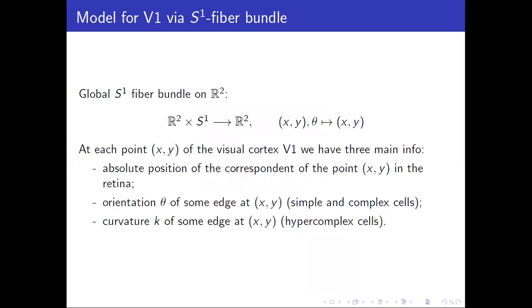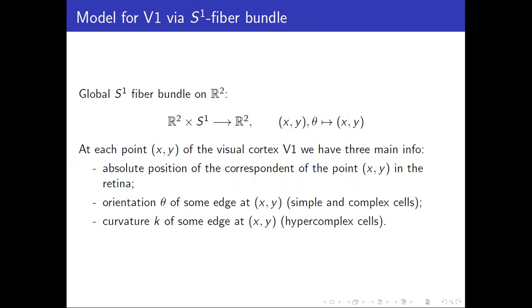Now, we have an S1 fiber bundle. At each point of the cortex, we have information. XY is the information on the point on the image, which is mapped in the retina, which is mapped into the cortex, so the point of the image. And then not only the point, but the orientation of the edge.